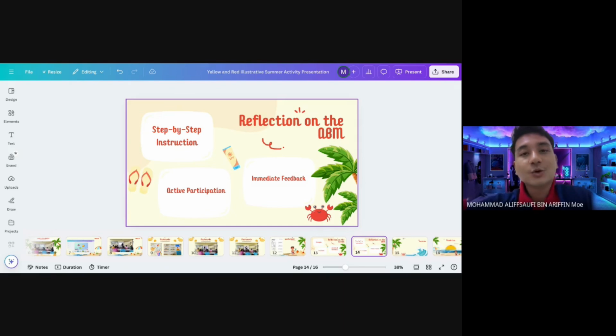Okay, so the improvement for future lessons, to optimize ABM in future lessons. First thing, I should incorporate group work. I plan to integrate more collaborative activities such as small group discussion or peer assisted learning. For example, students could work in pairs to complete matching tasks or help each other solve worksheet problems.